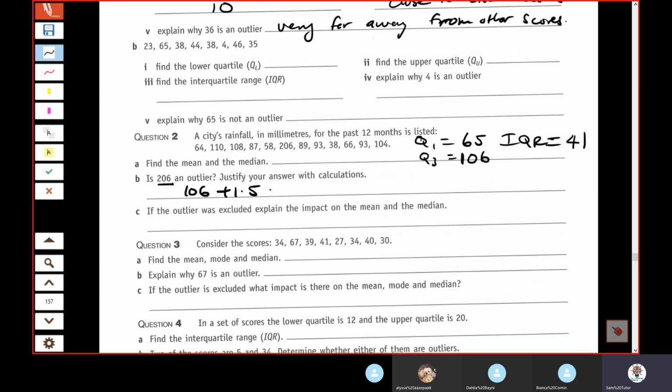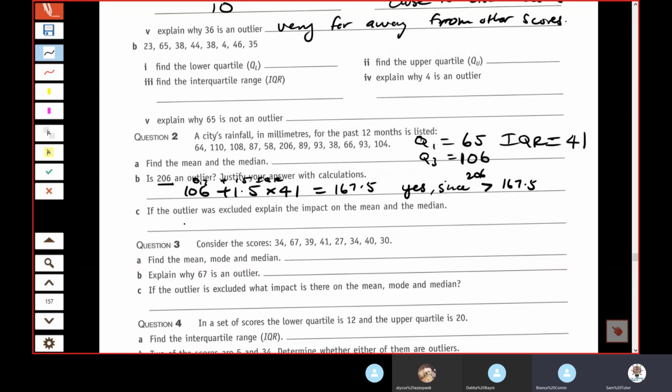That is 1.5 times 41 plus 106, which is 167.5. Is it an outlier? Yes, since 206 is greater than 167.5. Cool?